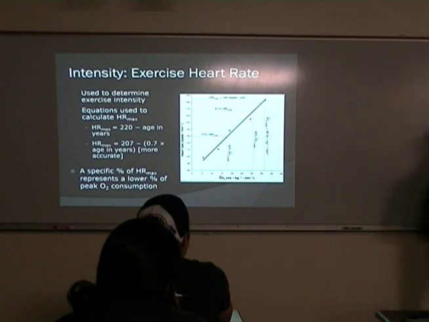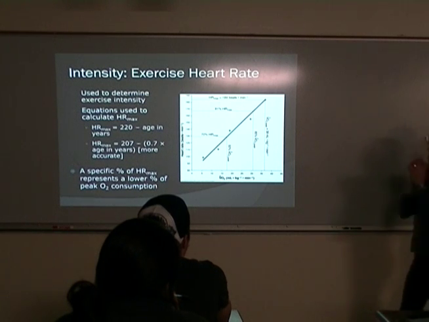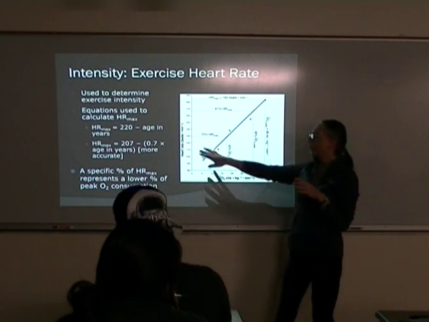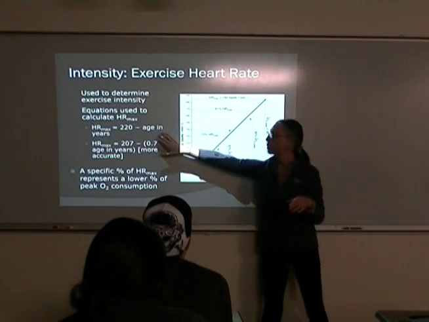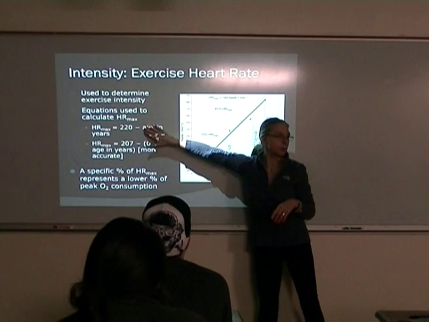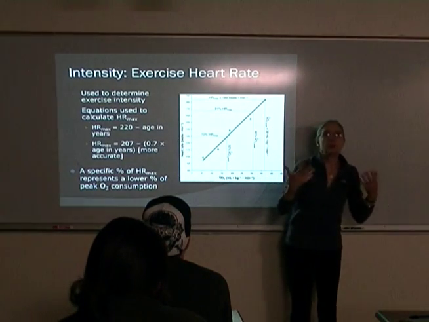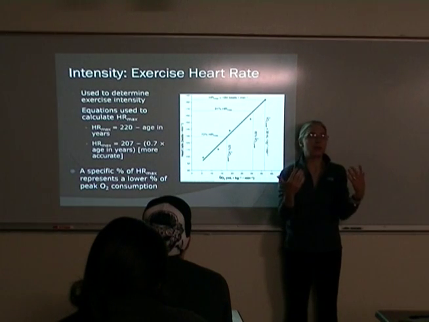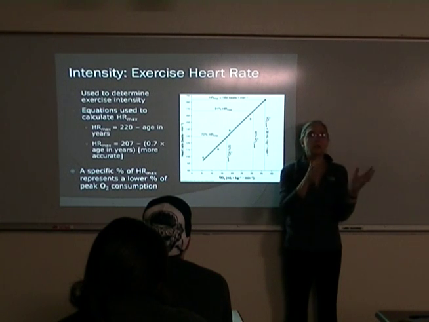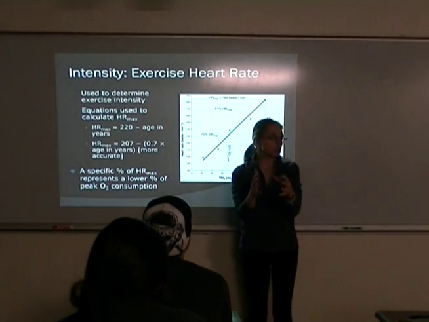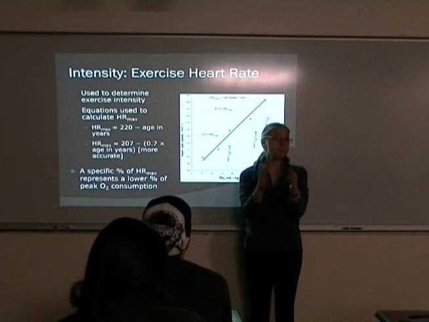No, it would be an individual difference. It's just, you know, again, you've got to take it as an estimate. So if you use this, 220 minus your age, and you set someone a program at 75% of their max heart rate, you would expect certain adaptations to occur, right?